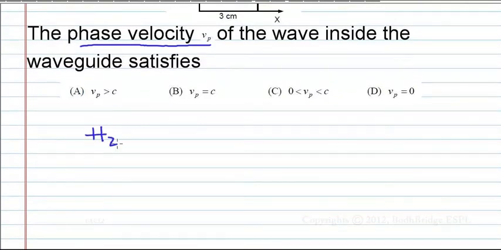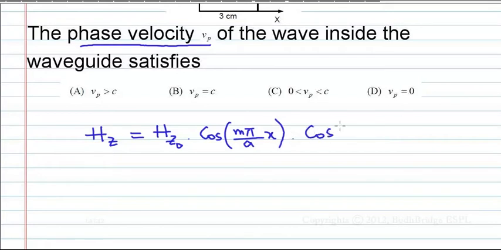Hz is some constant Hz naught into cos(mπ/a x) cos(nπ/b y) into e^(−j(ωt − βz)).